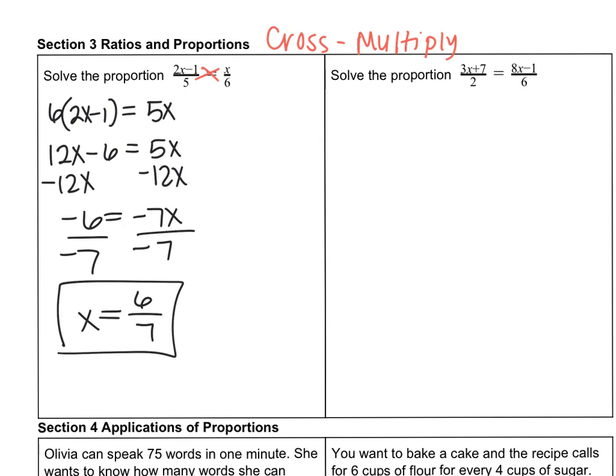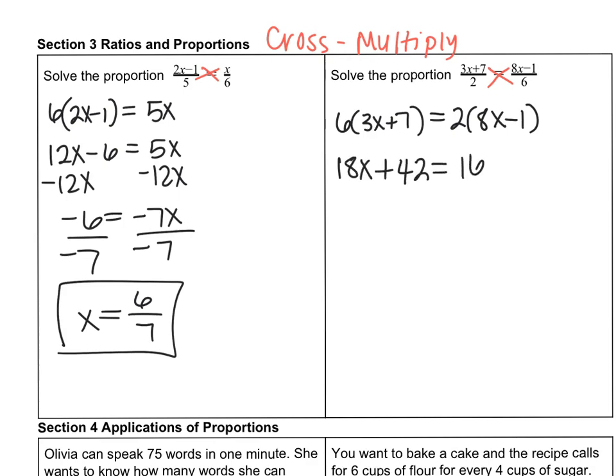Okay, so next we have (3x plus 7) over 2 equals (8x minus 1) over 6. So again, I'm going to cross multiply. We're going to have 6 times (3x plus 7) equals 2 times (8x minus 1). Distributing into the parentheses, we get 18x plus 42 equals 16x minus 2.